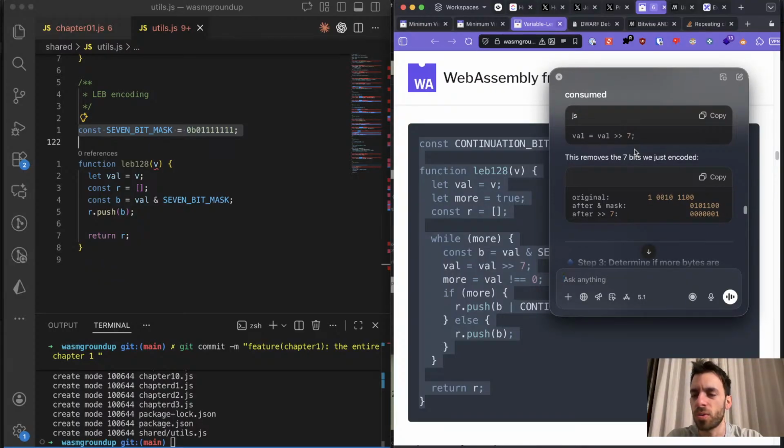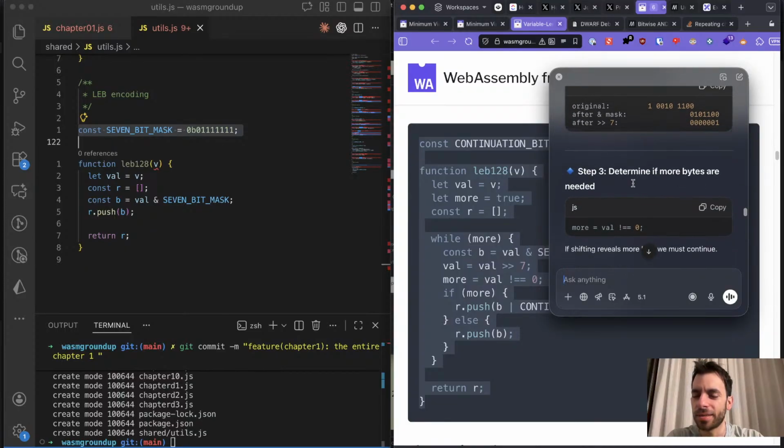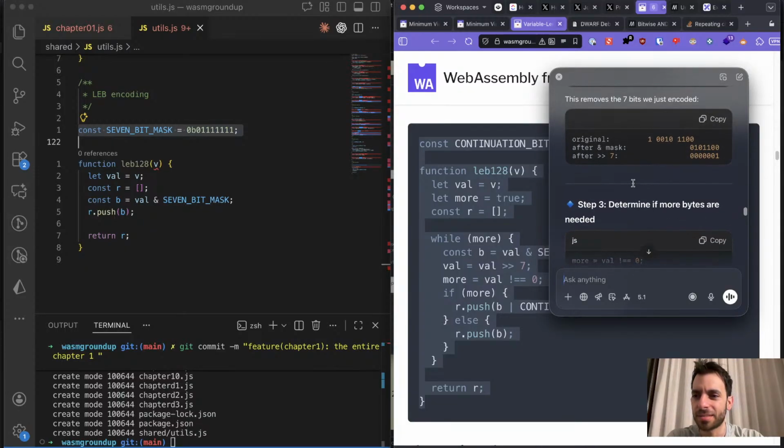Got it. Original. So after the and mask, you're going to remove this.